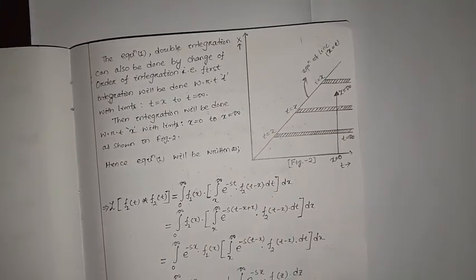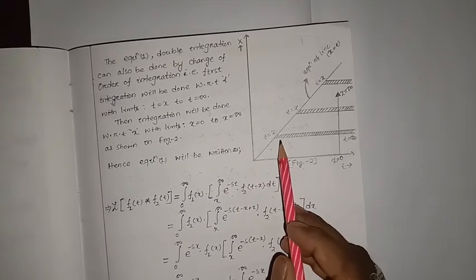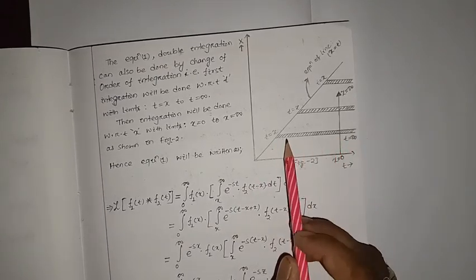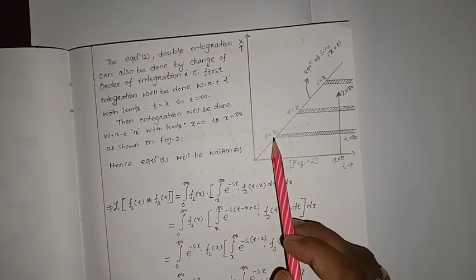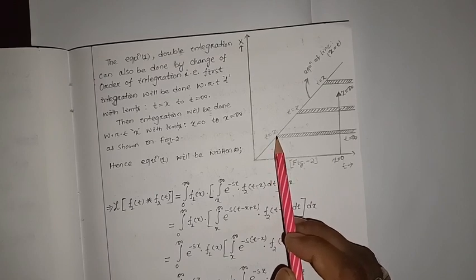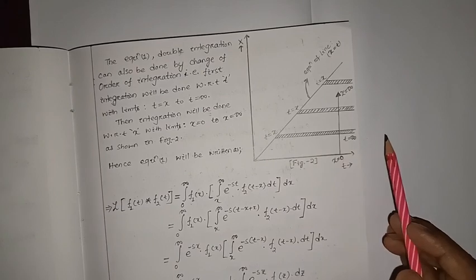So here you can see the horizontal strip. If I consider it, t changes from t equal to x to t equal to infinity.